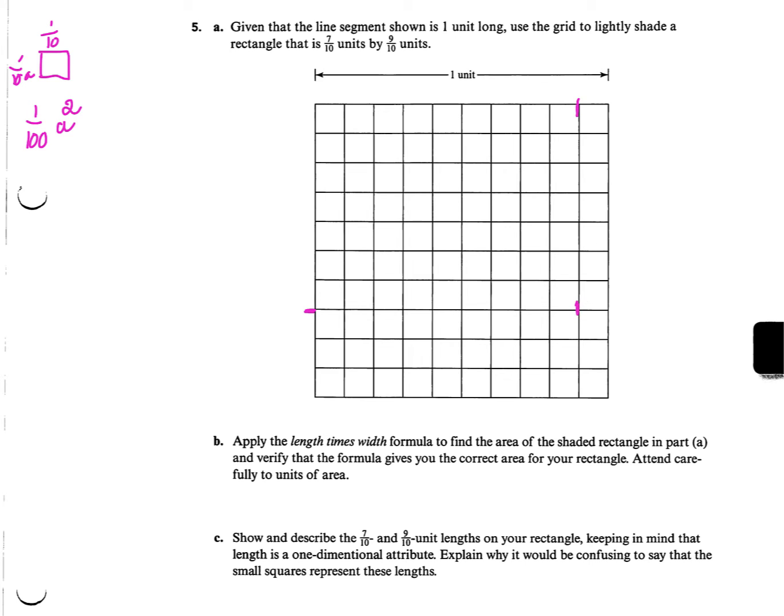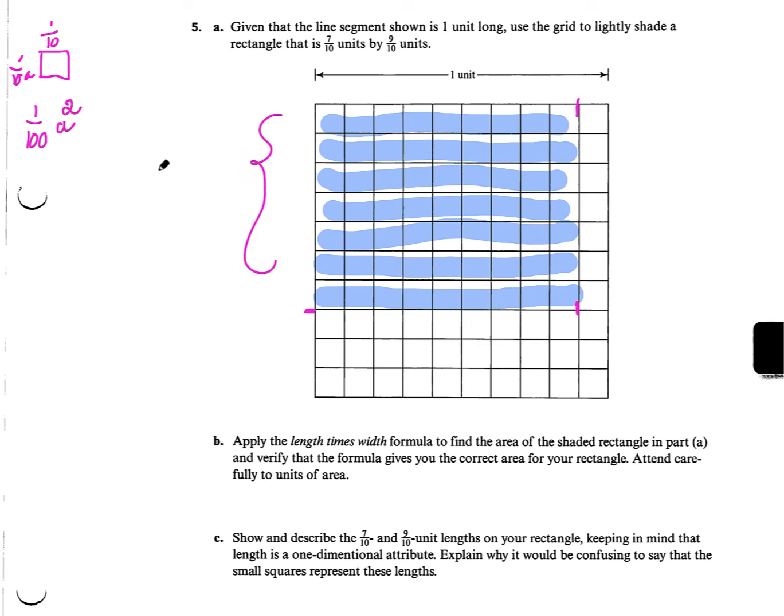So we're going to want to shade in seven tenths of a row when there's 9/10 in each one of those rows. So here we have our 7/10 and here we have our 9/10.